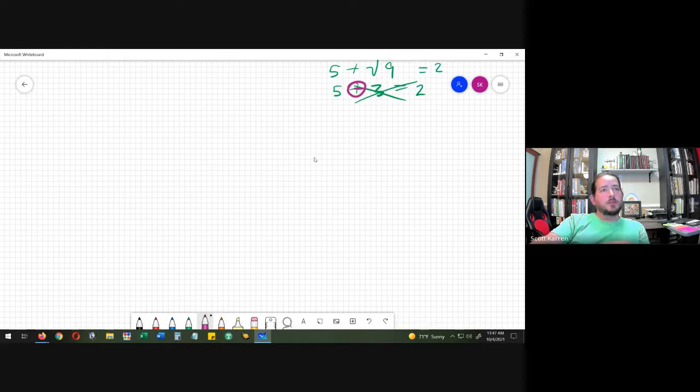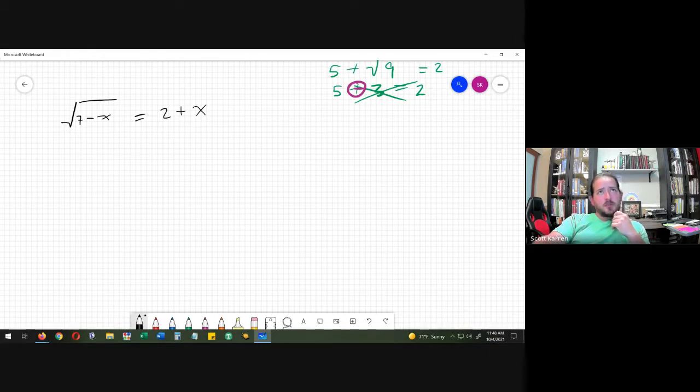All right, so let's do one more of those before we do the next kind. Let's look at square root of 7 minus x equals 2 plus x.